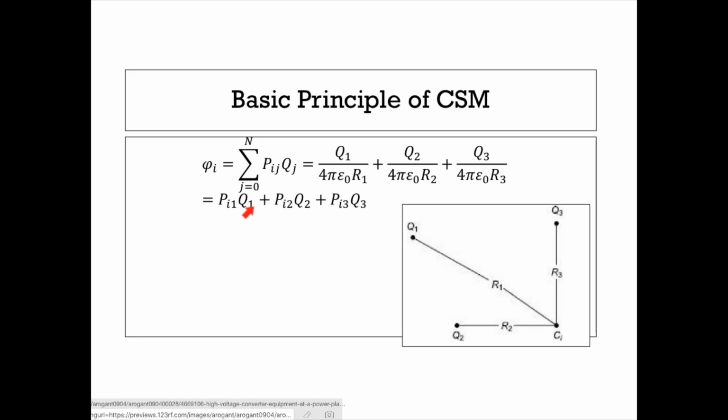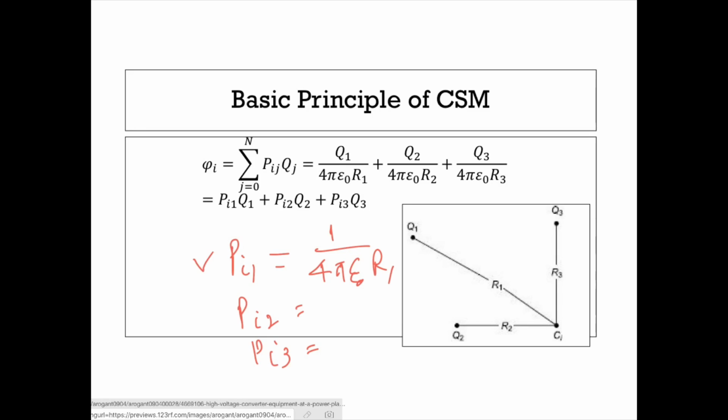So we can represent this equation in simple form: Pi1 into Q1 plus Pi2 into Q2 plus Pi3 into Q3, where the term Pi1 is equal to 1 upon 4 pi epsilon 0 R1, and similarly Pi2 as well as Pi3.